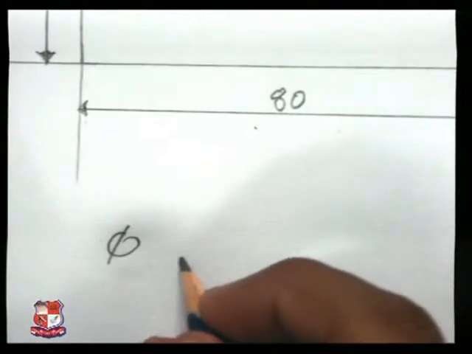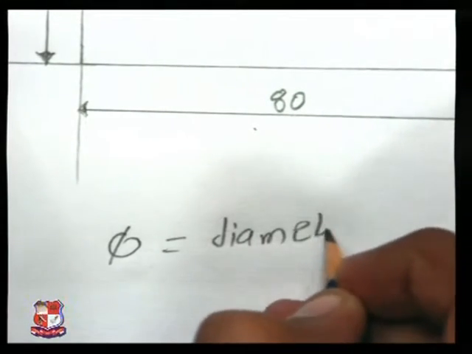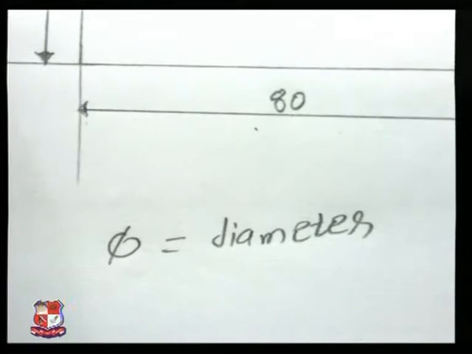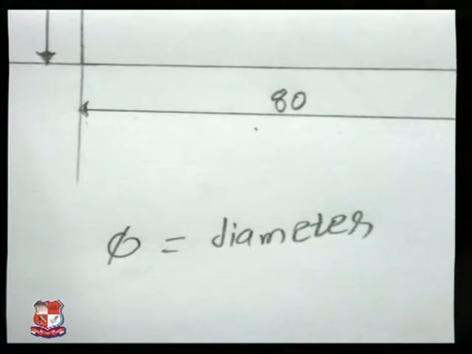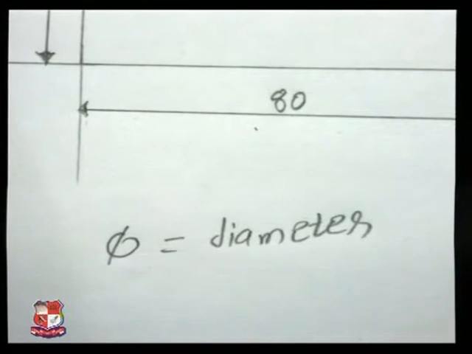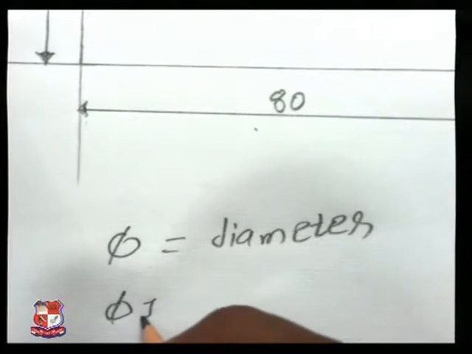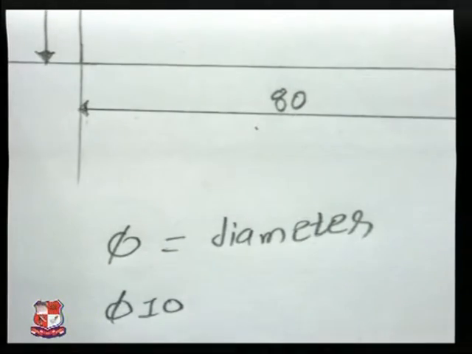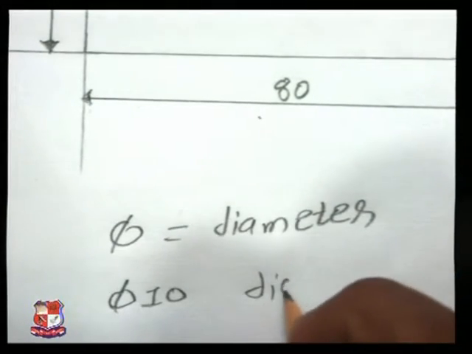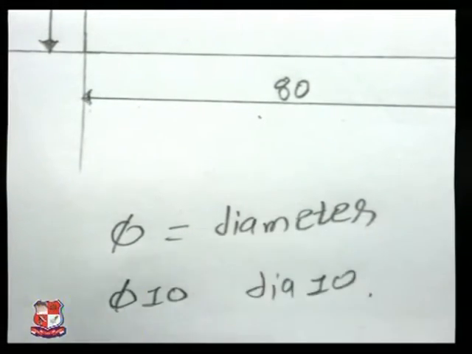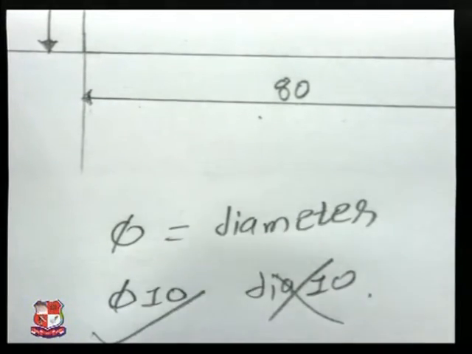Phi is equal to diameter. So if you have a circle of diameter 10, you should mention phi 10 instead of writing dia 10. That's the wrong method. This is the right method.